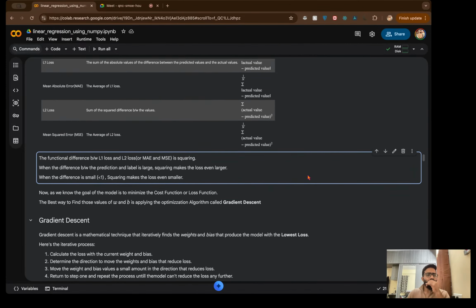The functional difference between L1 loss and L2 loss is squaring. When the difference between the prediction and label is large, the squaring makes the loss even larger. When the difference is small, the squaring makes the loss even smaller.